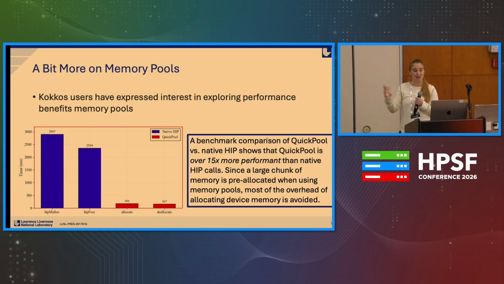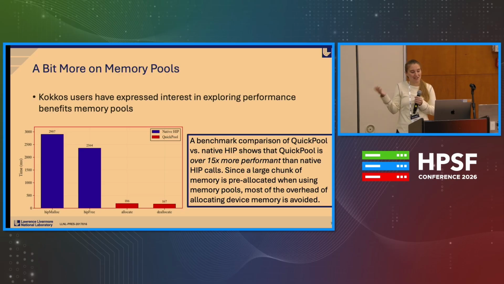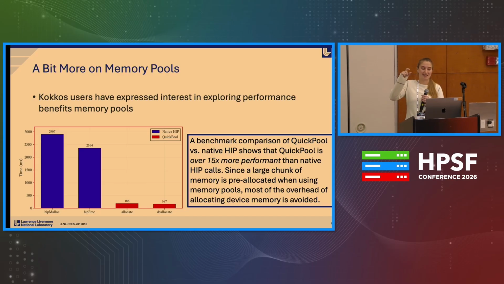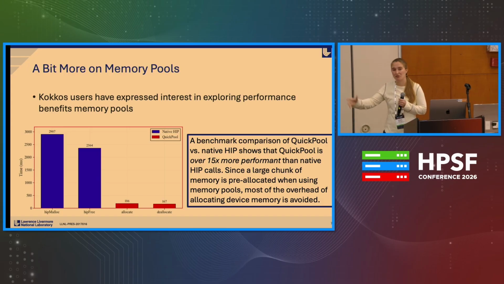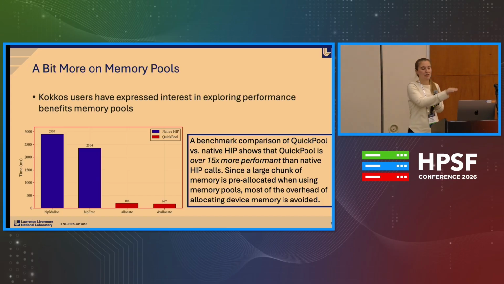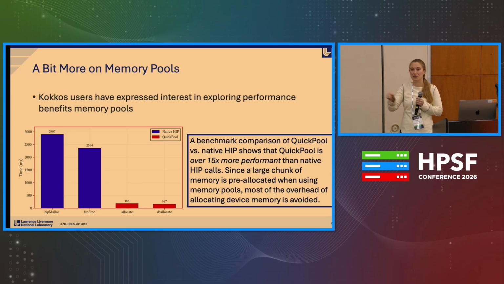It shows that quick pool is over 15 times more performant than native calls, but that's really just because the large chunk of memory is pre-allocated. So you avoid that overhead when you're actually doing the allocate, deallocate. It's so much smaller because we're not actually doing any memory allocation behind the scenes. We're just moving pointers around in the Umpire quick pool.